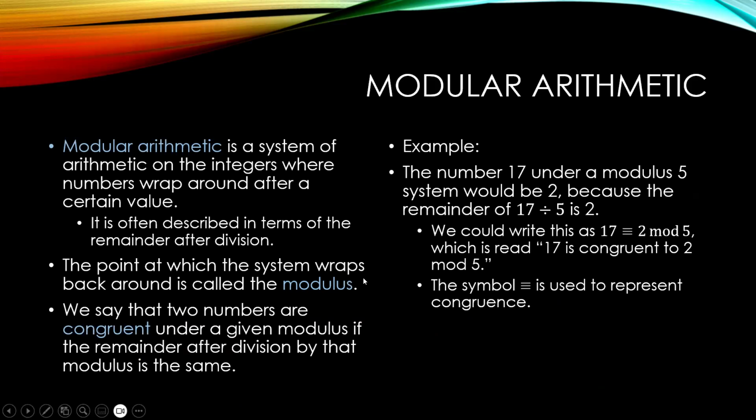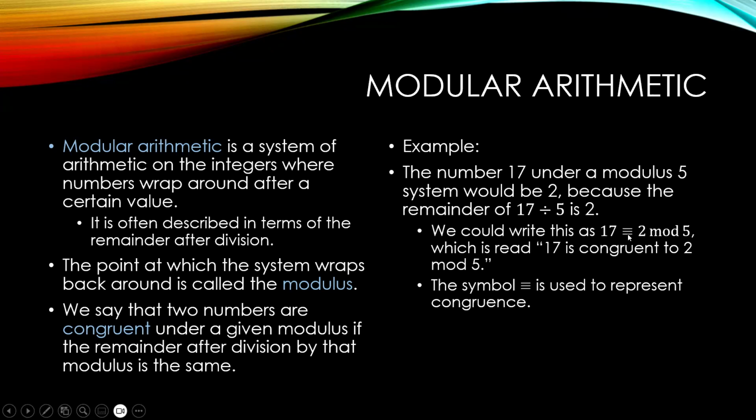The point at which the system wraps back around is called the modulus, and we say that two numbers are congruent under a given modulus if the remainder after division by that modulus is the same. As an example, the number 17 under a modulus 5 system would be 2, because the remainder of 17 divided by 5 is 2.